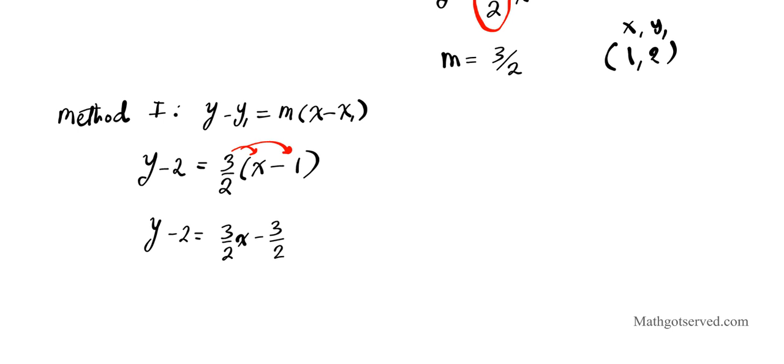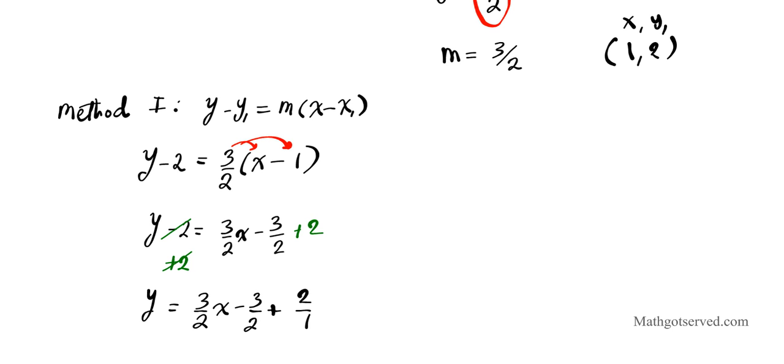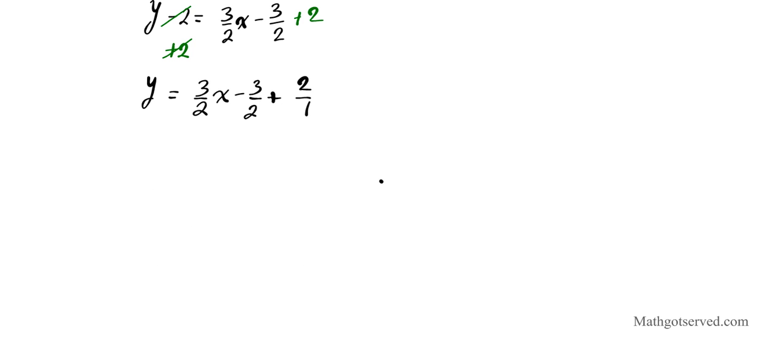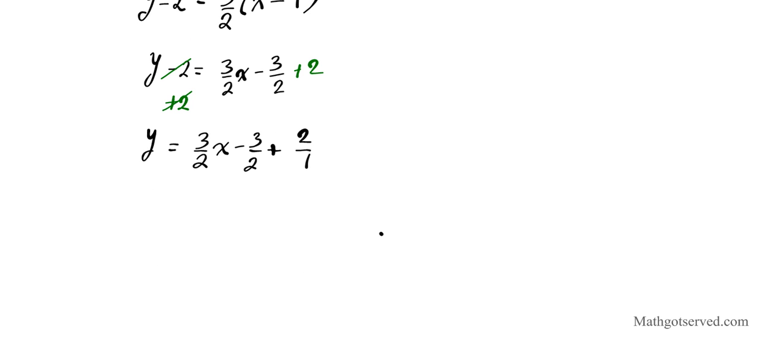And then we add 2 to both sides to get y by itself. So we add 2 and add 2. Okay, this adds out to 0. So we have y equals 3 over 2x minus 3 over 2 plus 2. Let's write 2 as a fraction, okay? So what we'll do next is find the LCD.